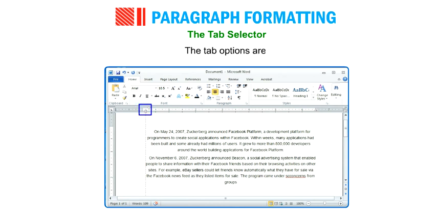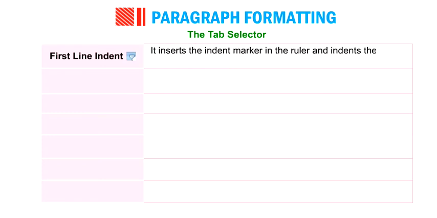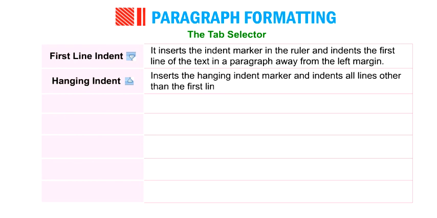The tab options are: first line indent. It inserts the indent marker in the ruler and indents the first line of the text in a paragraph away from the left margin. Hanging indent. Inserts the hanging indent marker and indents all lines other than the first line. Left tab. Moves the text to the right as you type.